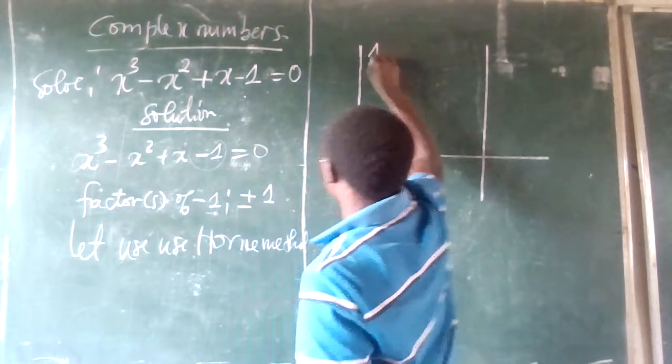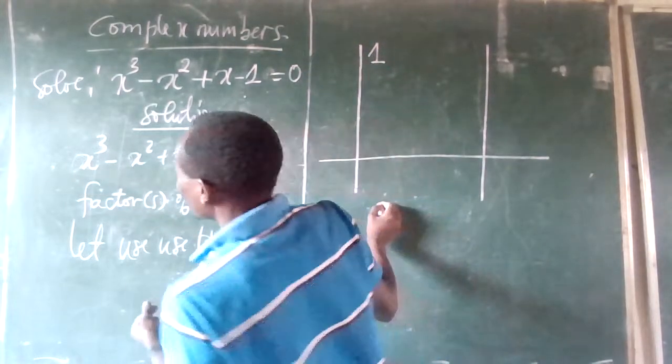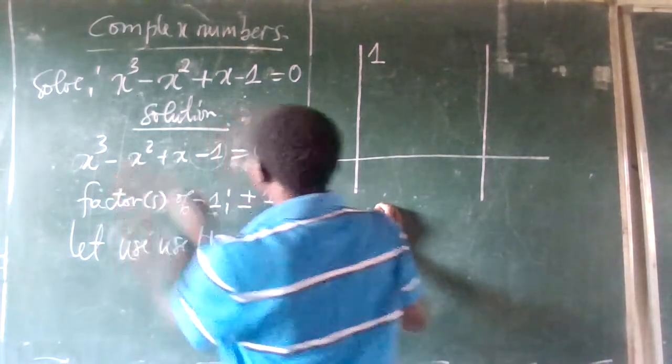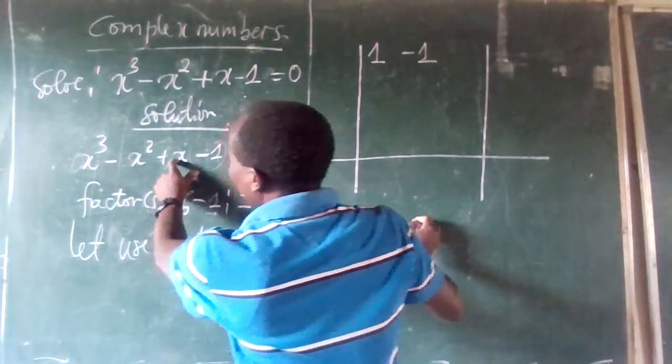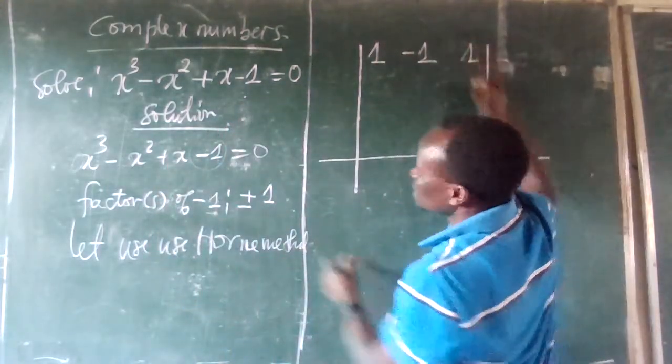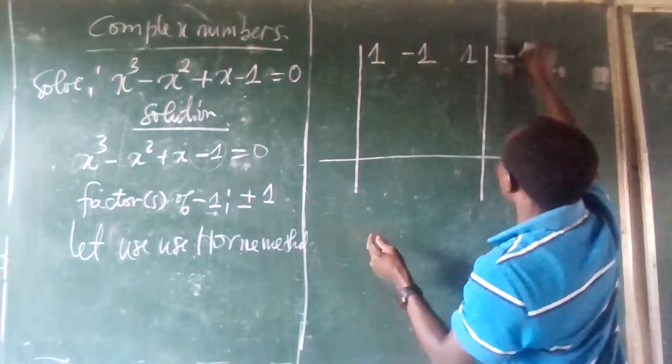Here we have 1, you write 1 here, and here we have minus 1, you write it here, and here we have plus 1. The last one, which has no x, is minus 1, and it will be outside of those two lines.